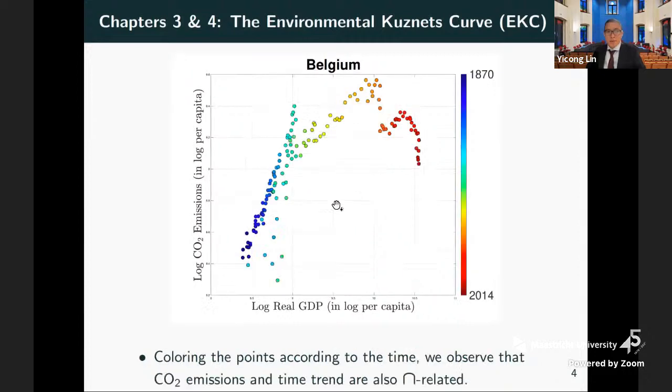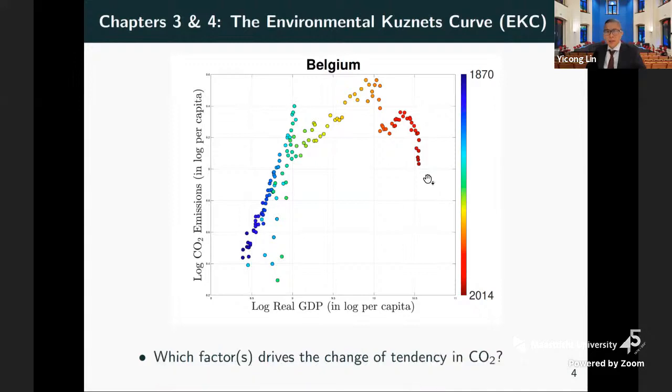For instance, if we recolor the points on the plot according to the time, we can see air pollution increases in the early stage and decreases in more recent years. Therefore, air pollution and time also have an inverted U-shaped relation.